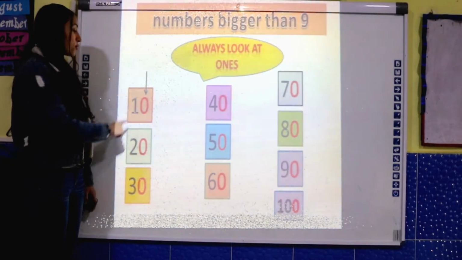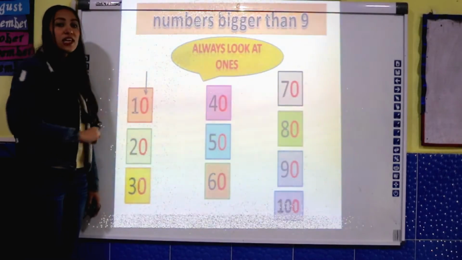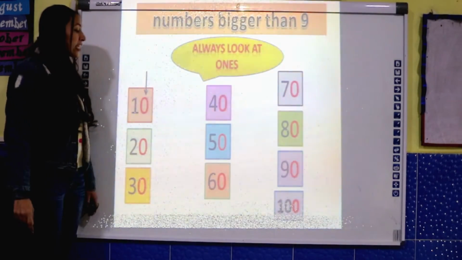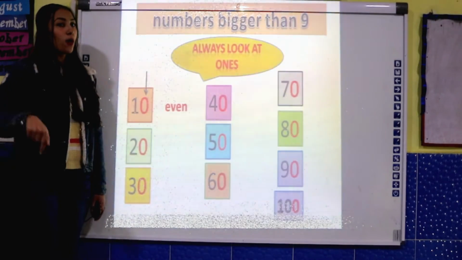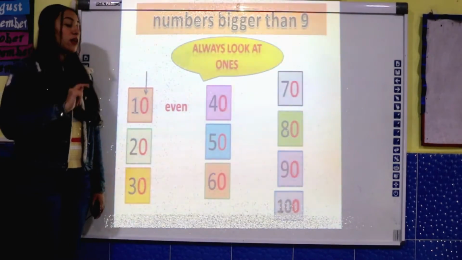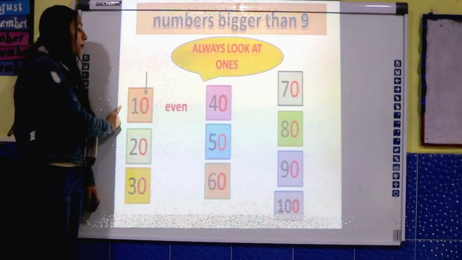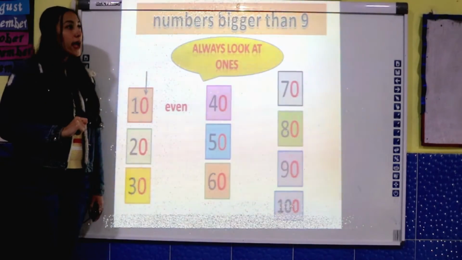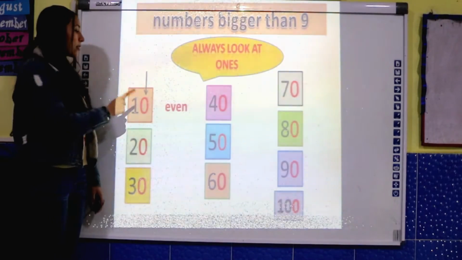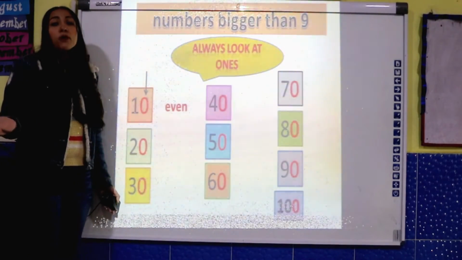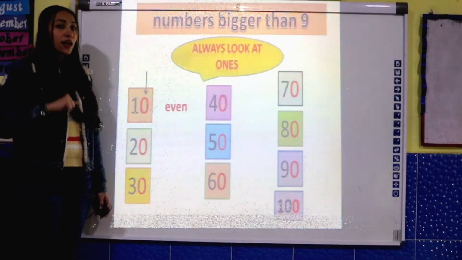So, if you find the number in ones is an even number, all the number will be even. One more time. If you find the number in ones is even, all the number will be even. Okay, what if I find the number in ones is an odd number? Then all the number will be odd. Let's see another example.